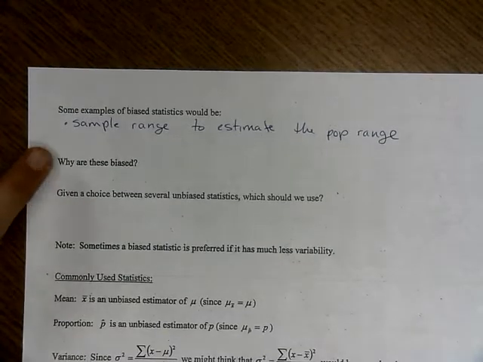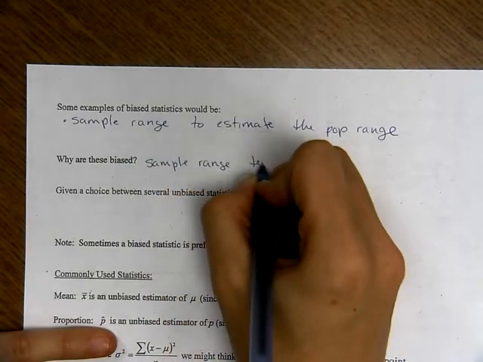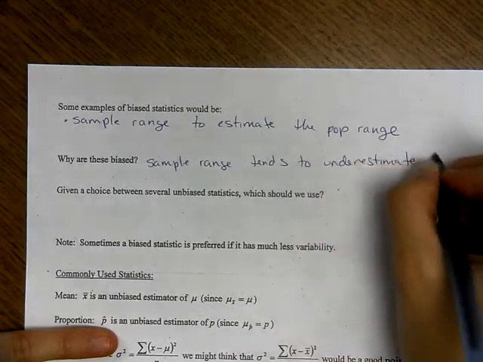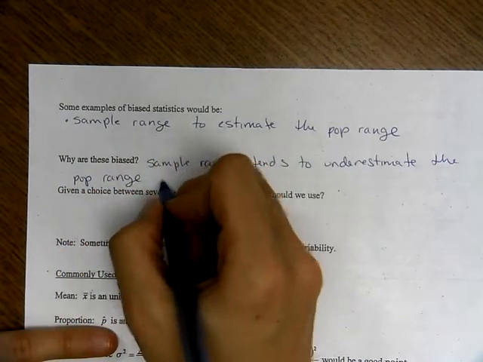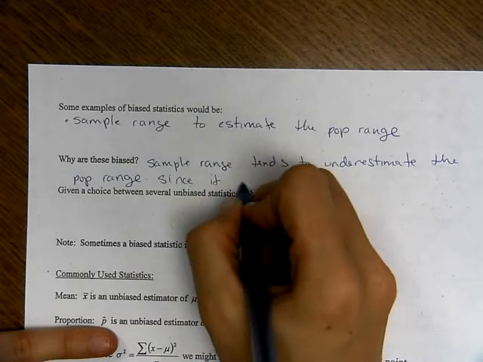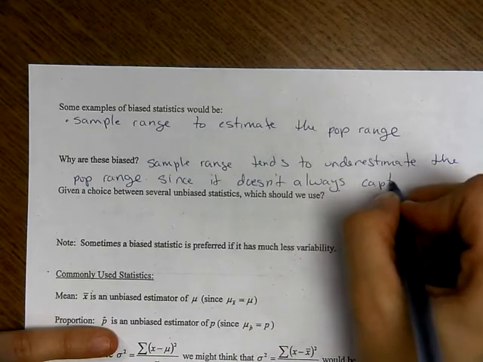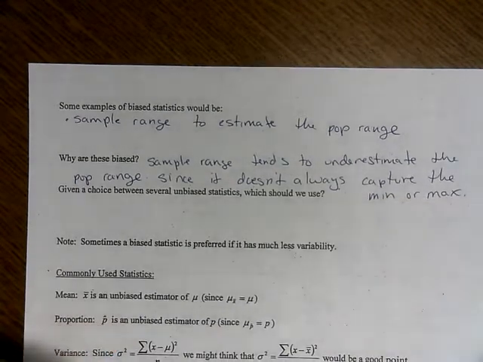This is biased because the sample range tends to underestimate the population range, since it doesn't always capture the min or max. Your sample range could be much smaller than your population range. So we really wouldn't use range at all. We would like to use IQR or something like that.